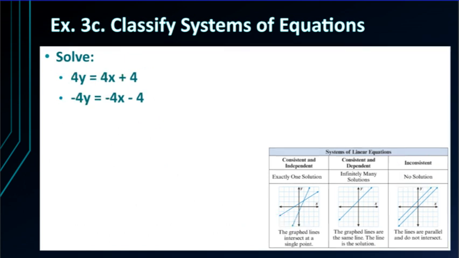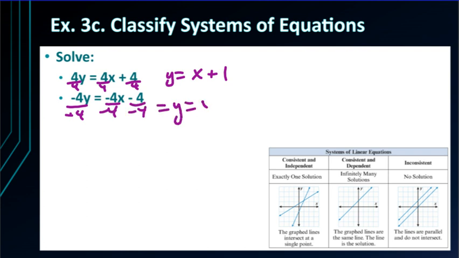Next one, solve for these and classify them. If I want to get y by itself, I divide this one by 4, divide by 4, divide by 4, and I get y equaling x plus 1. If I divide this one by negative 4, divide this by negative 4, divide this by negative 4, I end up with y equaling x plus 1.